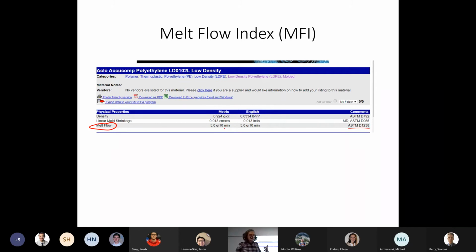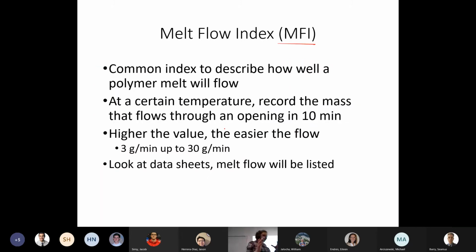So it's just a number that is related to the viscosity. So it is, for a prescribed temperature, the mass that flows through an opening in 10 minutes. So again, it is related to the inverse of viscosity, and the higher the value, the easier the flow.